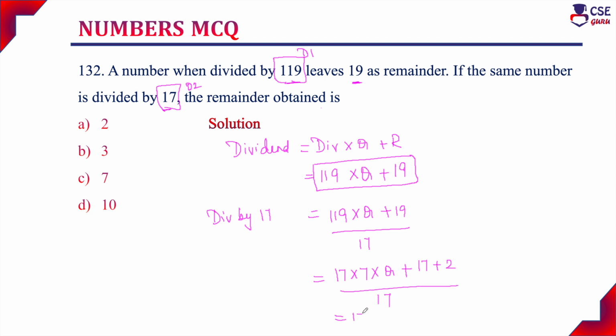Taking 17 outside: 7q plus 1, plus 2 divided by 17. Here 7q plus 1 is the quotient and 2 is the remainder. When the divisor is 17, we get the remainder as 2. So the correct answer is option A, 2.